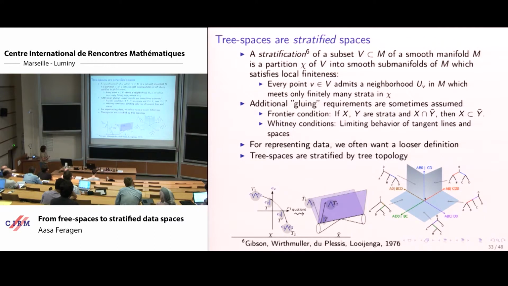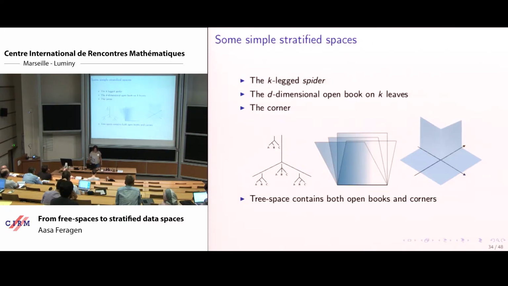I think also some of these gluing requirements will often be too strict to represent our data. But nevertheless, I would like to keep the word stratified space and just use it as a set that consists of manifold parts that somehow nicely glue together. So it's a looser definition than what you'll find in literature.